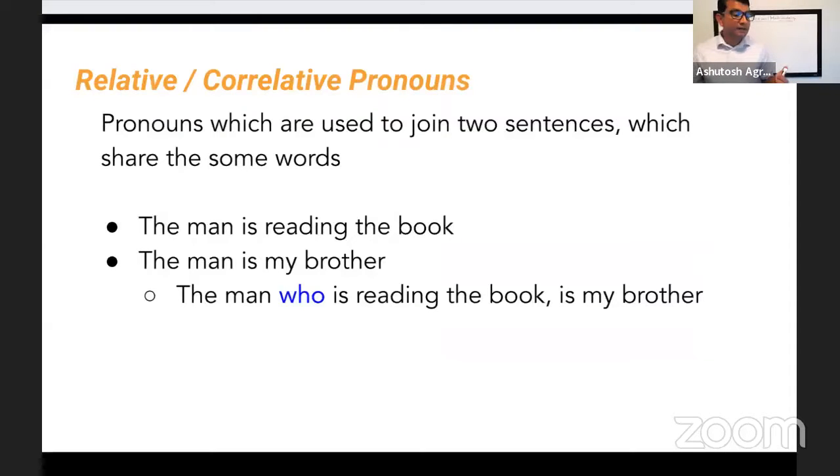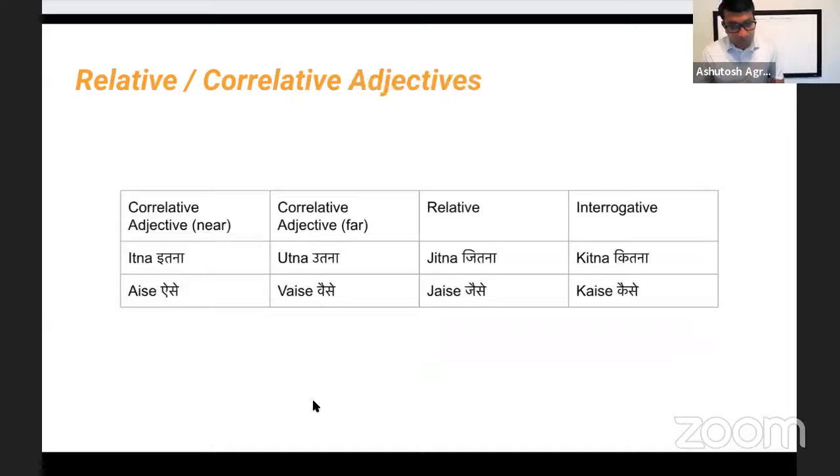We also practiced that, just like pronouns are followed by postpositions, right? They have a relationship with other nouns and pronouns. Similarly, jo and wo will also be followed by postpositions, right? So the goal for this class is now to take it one level further and speak about adjectives and adverbs. Can they also be used in a correlative and relative fashion?